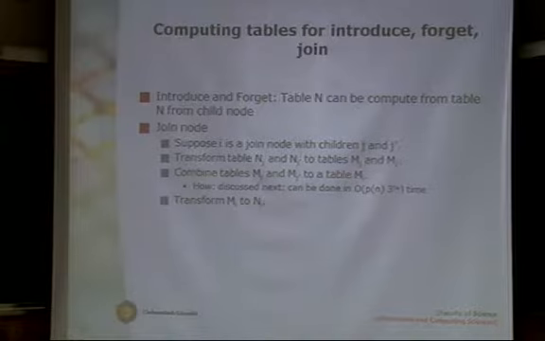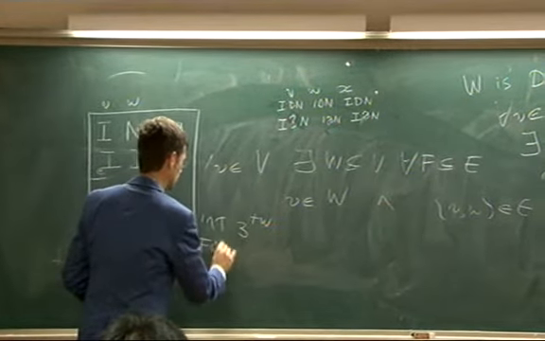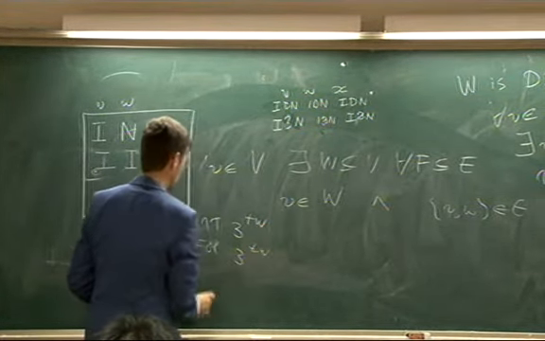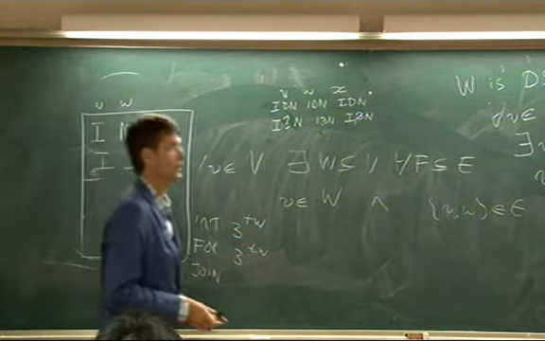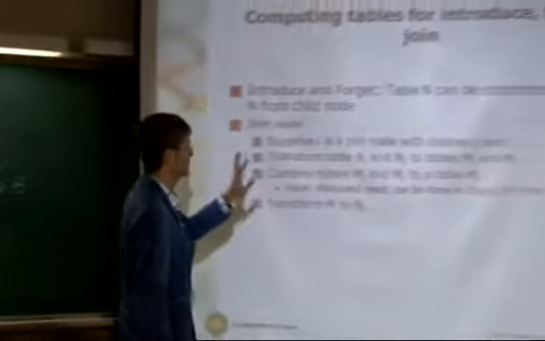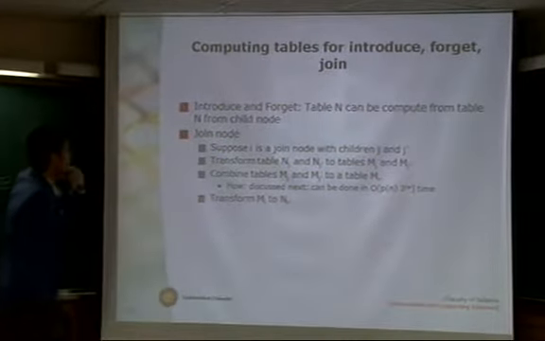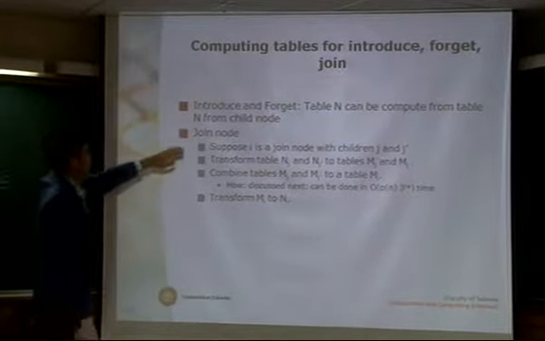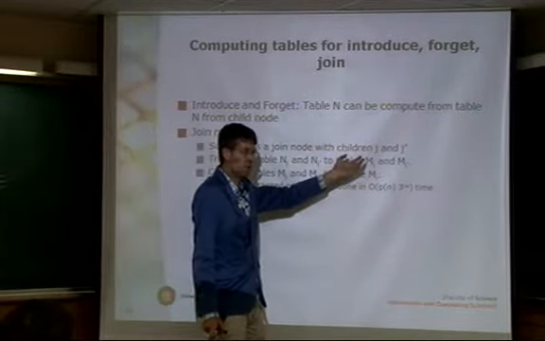So, the point is that if we look at dominating set, then the introduce node cost basically 3 to the treewidth time. The forget also cost 3 to the treewidth time, but the join was more expensive. So for an introduce and a forget node, I just use the tables as I was using them. But if I want to do a join node, I first transform my tables to a table with the new base, with the question marks.